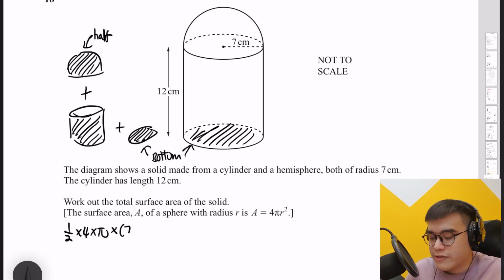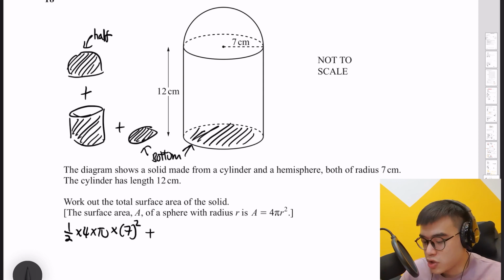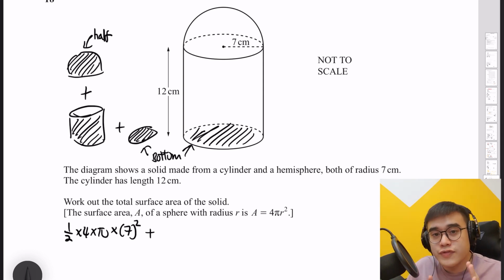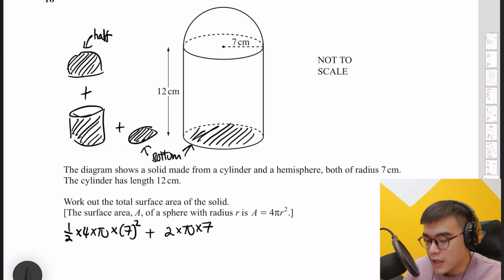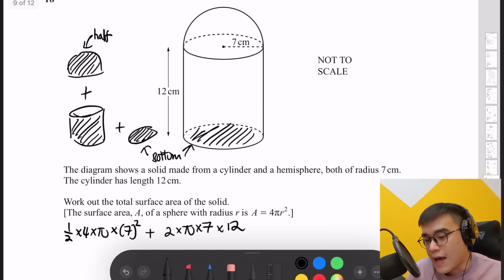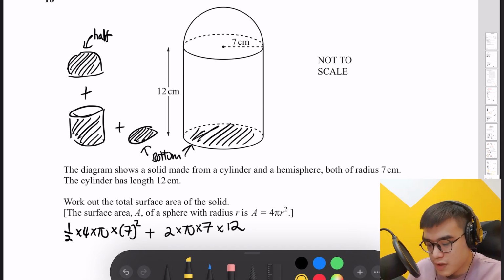So 1 over 2 times 4 times pi times our r, which is 7 square here, plus, okay, to calculate the curved surface area of a cylinder, we'll be using 2 pi r, okay, multiplied with the height. So what we have now is 2 times pi times 7 times 12. As for the bottom, okay, this is actually a normal area calculation of a circle, so just pi r square will do.